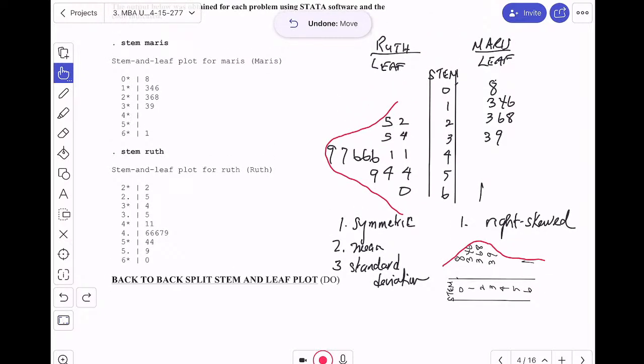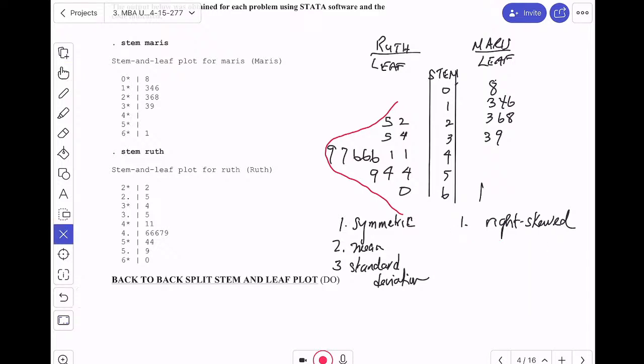All right. We're going to say the mean and standard deviation for Ruth, sorry, and for Maris it's going to be the median, and for the shape, spread, it's going to be the 5-number summary and the IQR, all of this because of the shape.